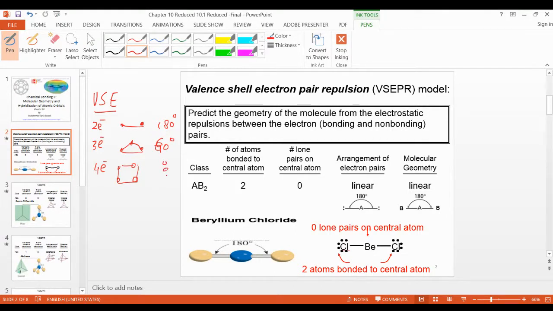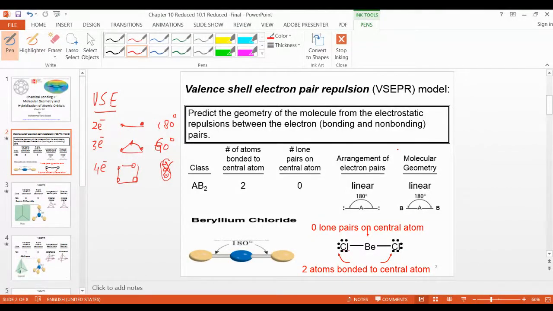I cannot put them like this, as I told you in the Lewis structure, if you remember. You have to place the electrons in such a way that the interaction between electrons will be less. So we study it like this, valence shell electron pair repulsion theory.